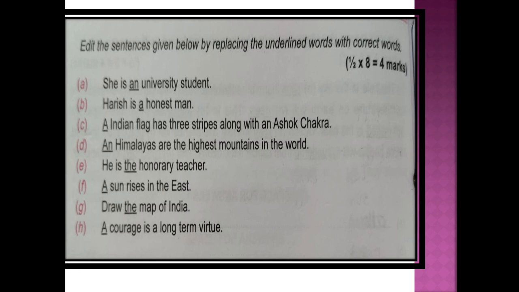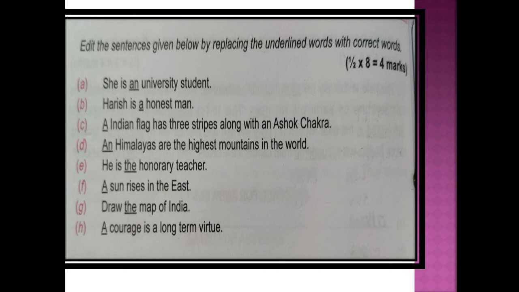He is an honorary teacher, right? Let's see the next one. Our sun rises in the east. I know this is very simple for you to solve. We are going to use the instead of a. The sun rises in the east, right? So we are going to replace it with the word the.